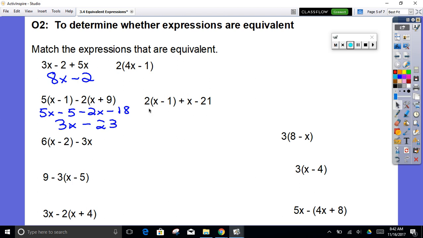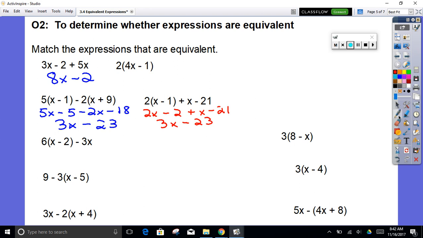It would be 2x minus 2, plus x minus 21. Good. And this would combine the same way. 2x plus x is 3x. Negative 2 and negative 21 is negative 23.